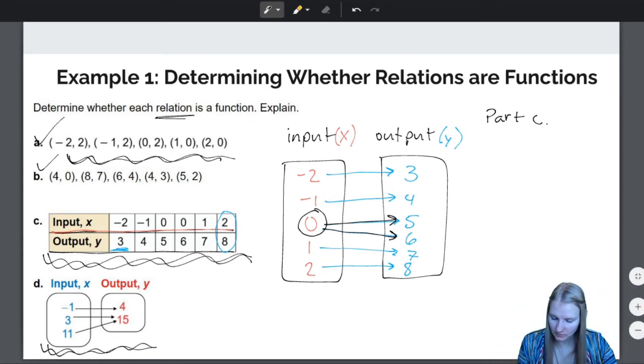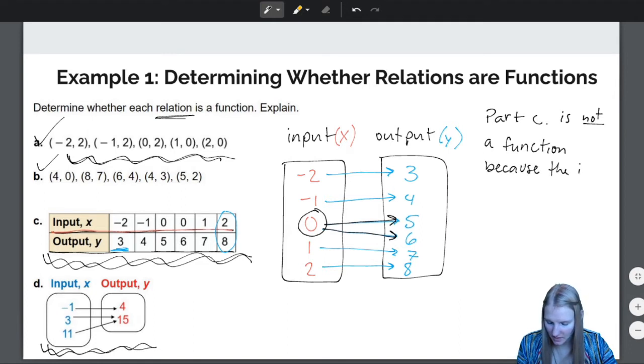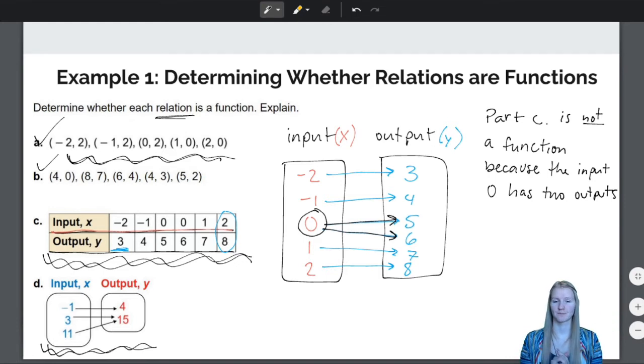So, part C is not a function because the input 0 has 2 outputs. And that's not okay. Not okay for functions.